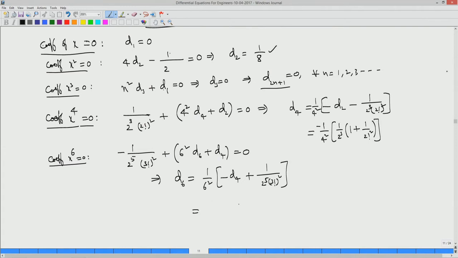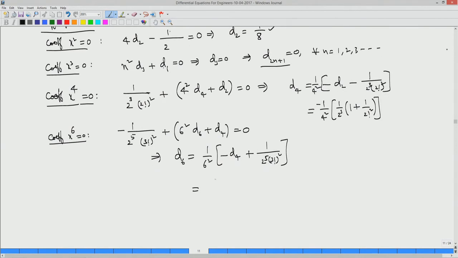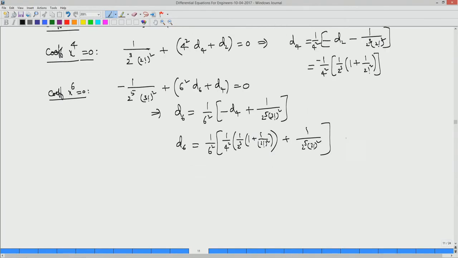Now you can substitute d4, which is 1 by 4 square into 1 by 2 cube, 1 plus 1 by 2 factorial square, plus 1 by 2 power 5, 3 factorial square, something like this. So you get this d6, and so on, you get all other coefficients.